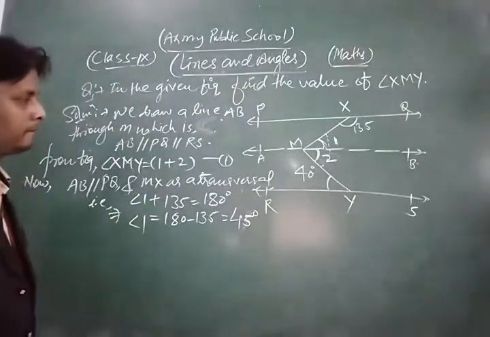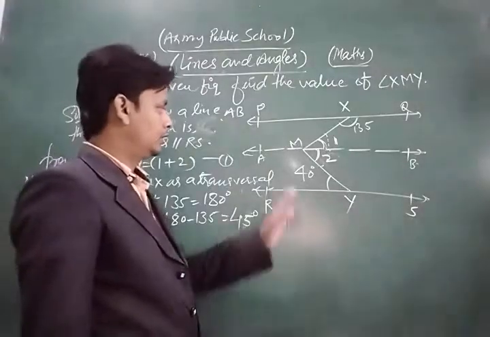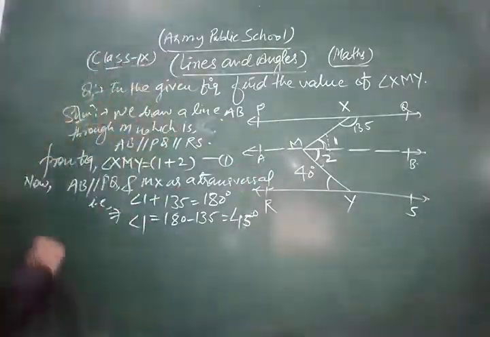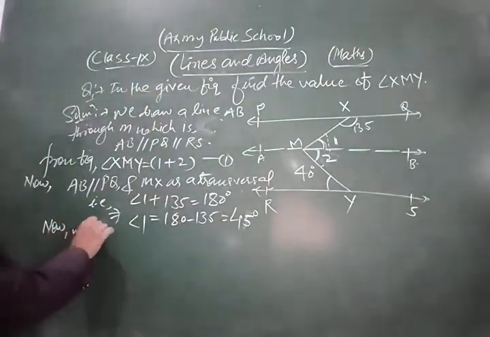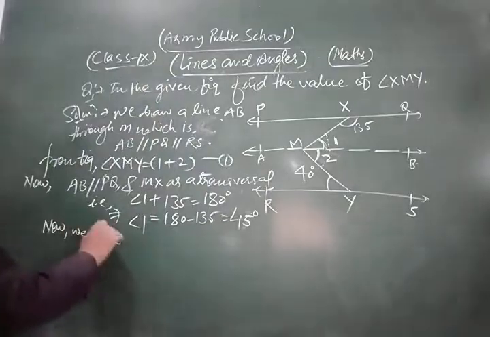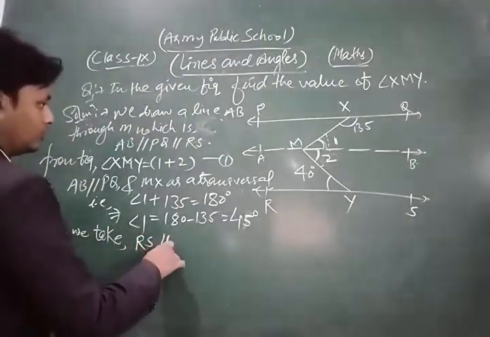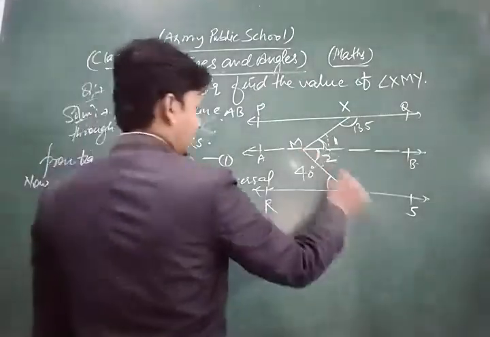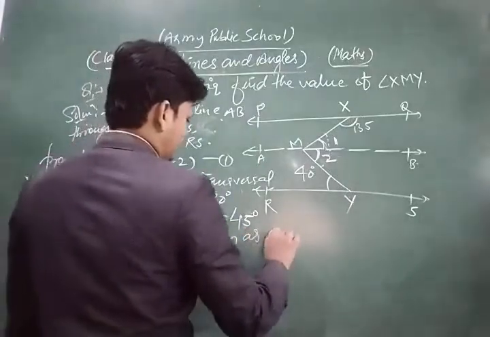Now we take AB parallel to RS, and YM as a transversal.